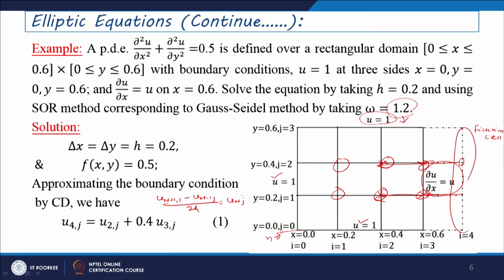So if you keep j fixed and m is considered as 3, we can write this as u3j equals (u4j minus u2j) by 2h. 2h, that is 2 into h, is considered as 0.2 here. So this will give you 0.4, and u4j can be represented as u2j plus 0.4 into u3j, which is this statement here.